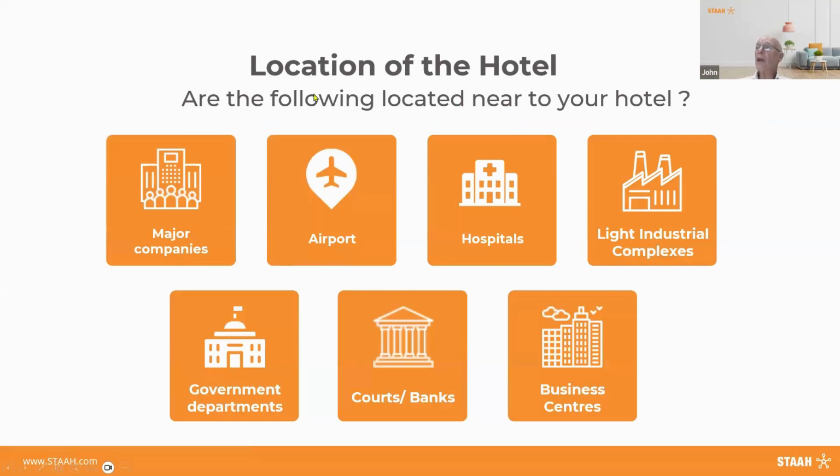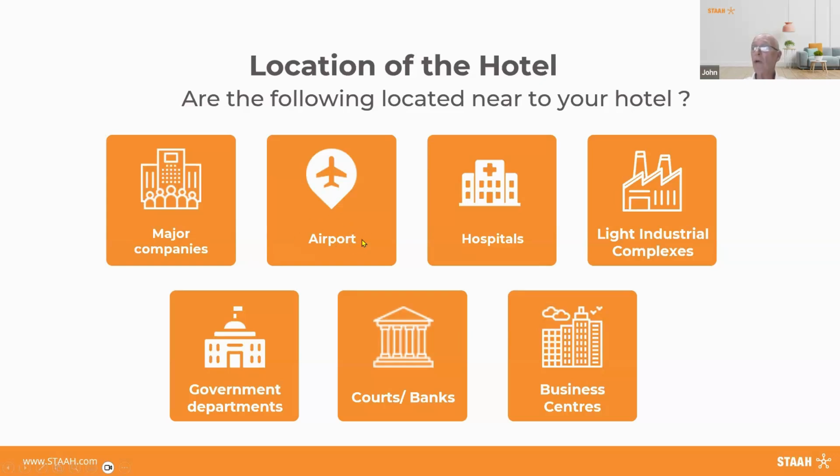Think about the location of your hotel. Are you located near any of these services and facilities? Major companies, like a Price Waterhouse or a Hewlett Packard or that type, or Petronas Oil. Are they near your hotel? Is there a major commercial airport within 10, 15 kilometers?